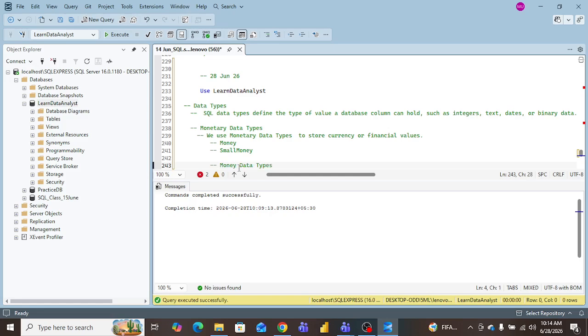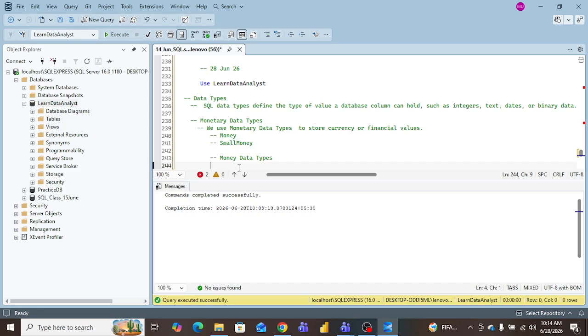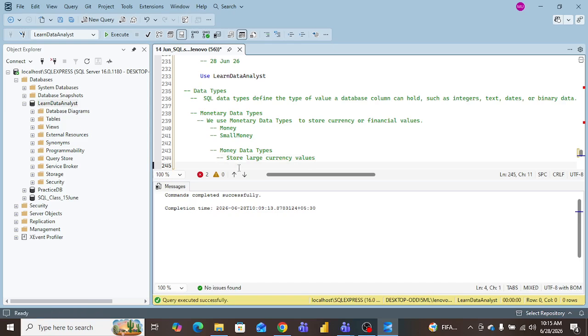Money data types mean we store large currency values. If there is a large currency value, there should definitely be a range.